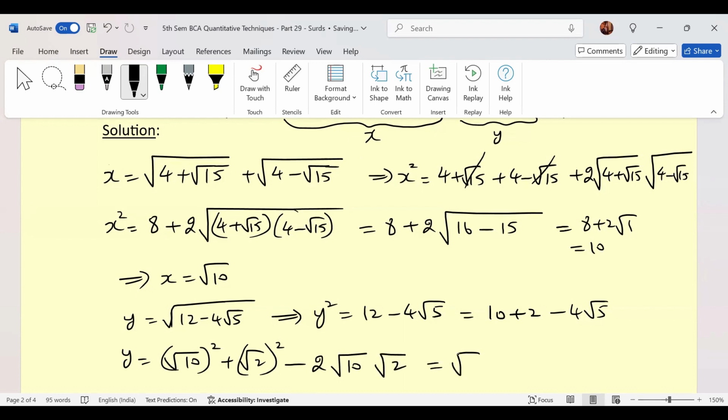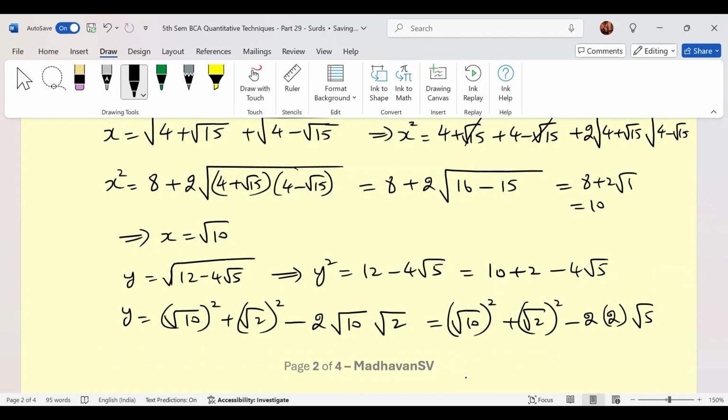That is nothing but root 10 the square plus root 2 the square minus, if you consider root 10, it is nothing but root 2 into root 5. Now root 2, already there is a root 2. Root 2 into root 2 becomes 2. So it becomes 2 root 5. Means 2 times 2 root 5, which is nothing but you get this root 4 root 5.